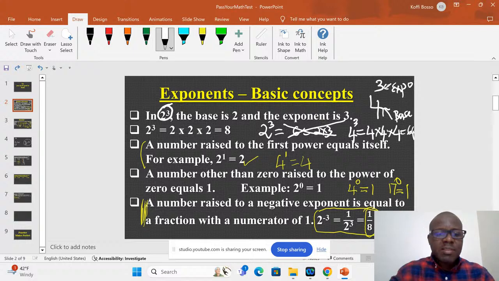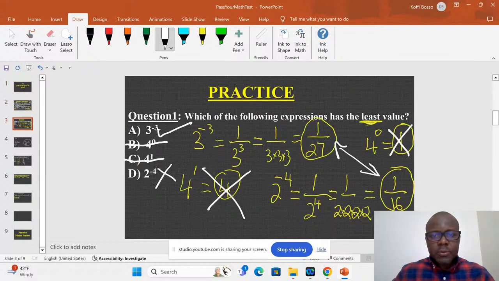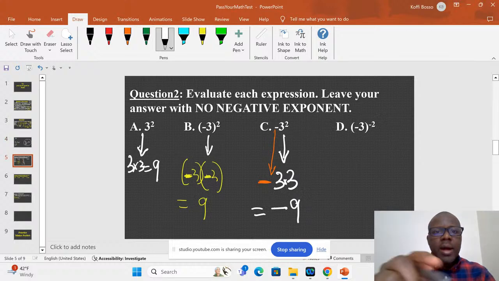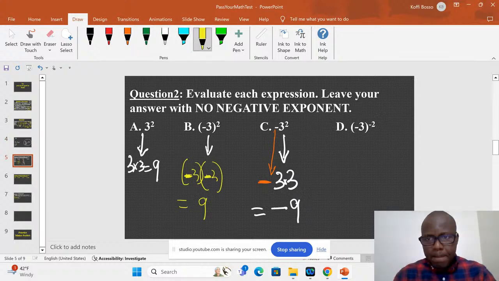So the numerator is 1, divided by the denominator, which is negative 3 raised to positive 2.